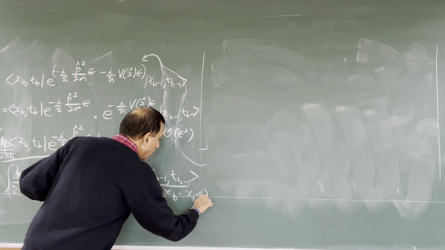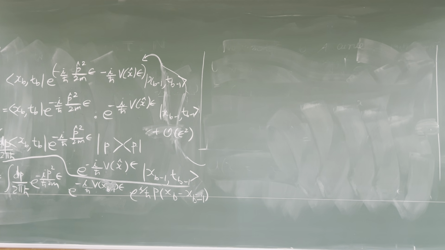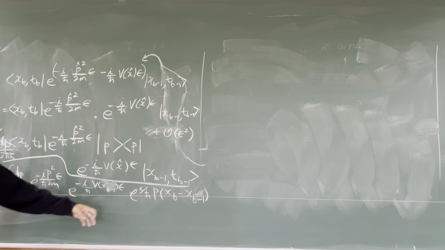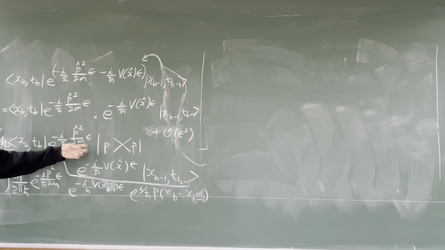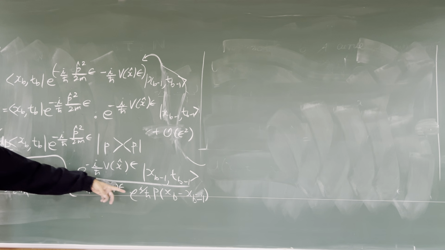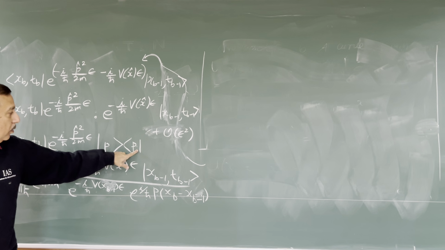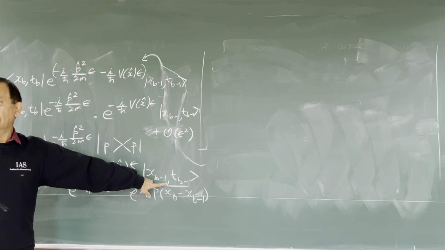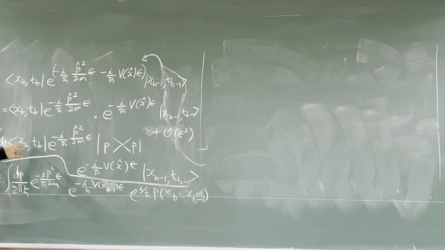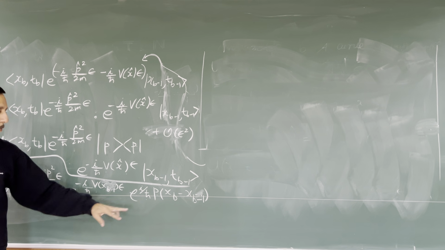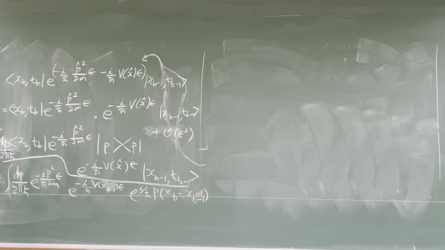Sorry for my awful handwriting, but I think this is nothing very difficult. This one, e to the i by h bar p x_b, came from this overlap with this p, and the one involving x_{b-1} came from this overlap with this x, but with the opposite sign, because here p is the bra and x is the ket, here x is the bra and p is the ket, so they're opposite signs. So it's quite satisfying.